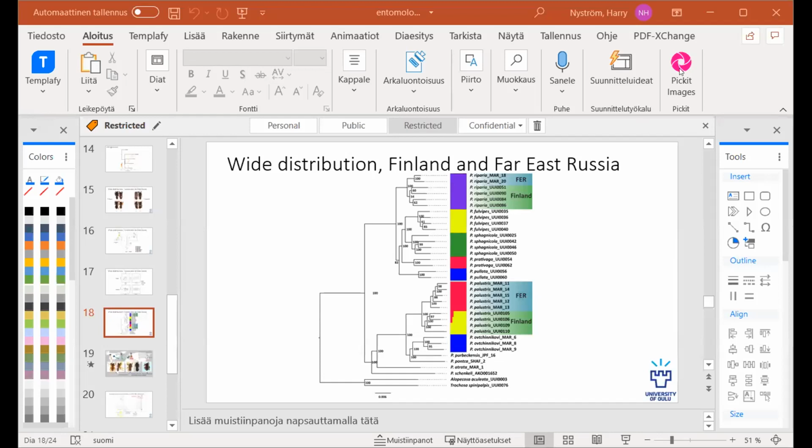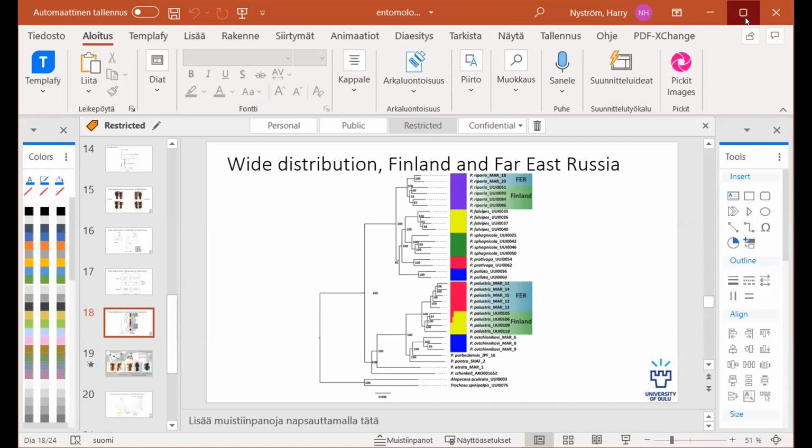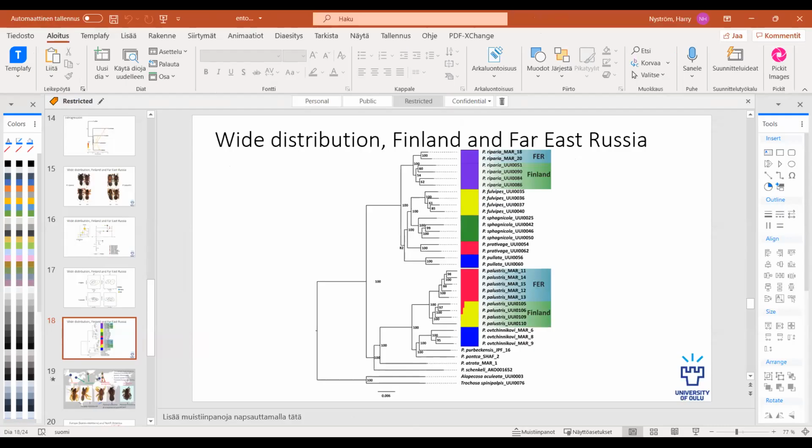Do you see anything? Can anybody confirm they're seeing anything now? I see slide 18.